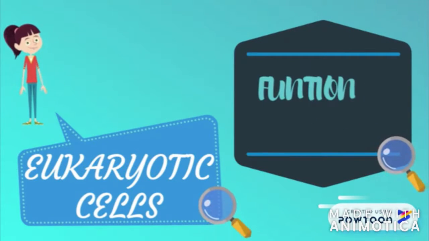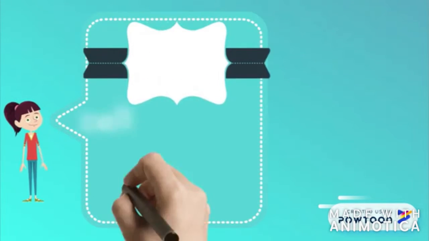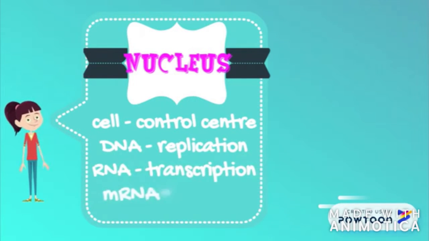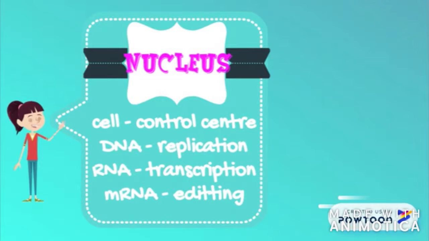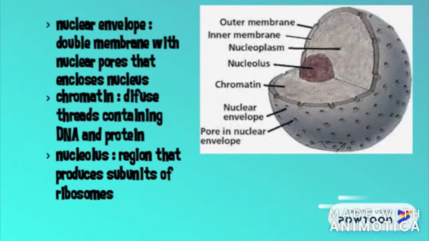Now let's see the function of each organelle in the eukaryotic cell. In the eukaryotic cell, we have the nucleus. The nucleus is the control center, with DNA replication, RNA transcription, and mRNA editing processes. The nuclear envelope is the double membrane with nuclear pores that encloses the nucleus.